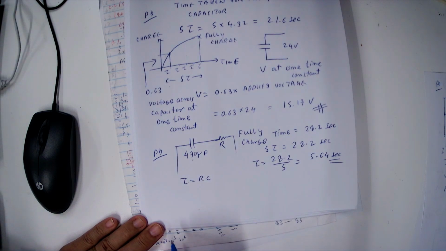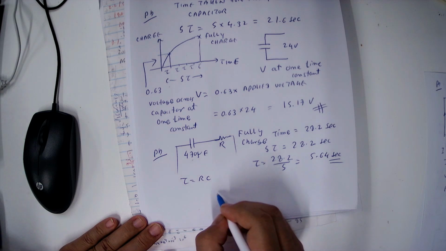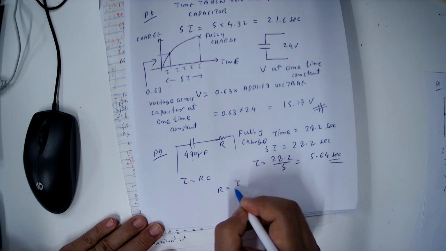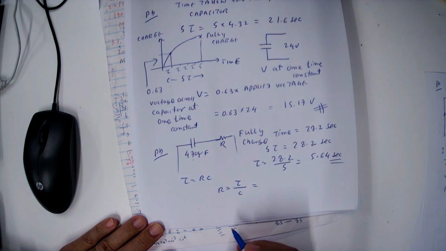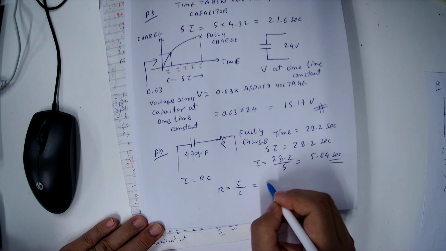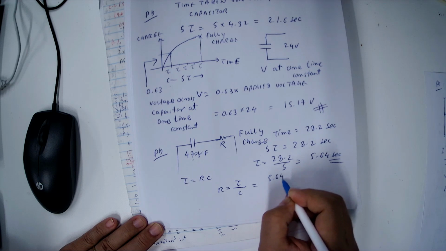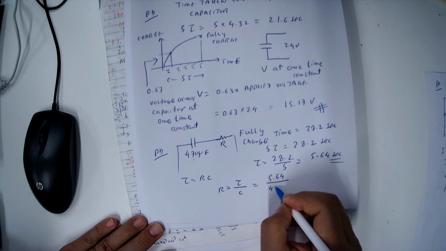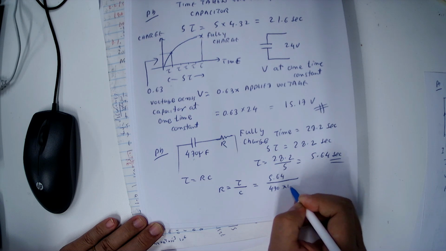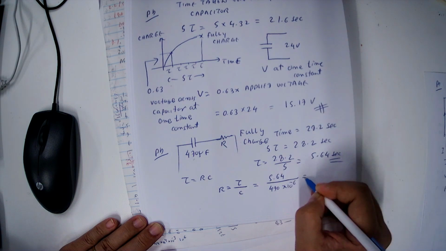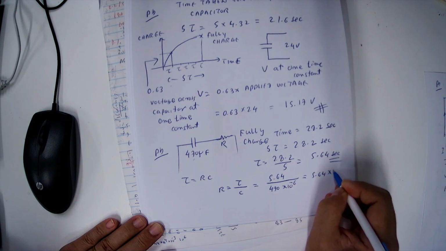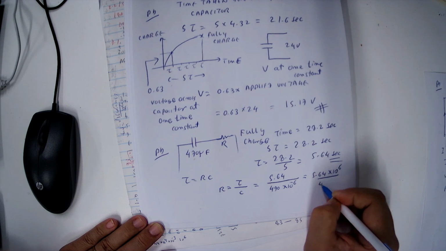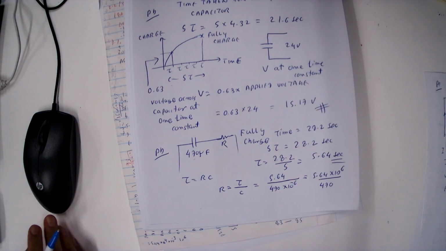Time constant is equal to resistance multiplied by capacitance. So the resistance value is time constant divided by capacitance: 5.64 divided by 470 microfarad. Microfarad is 10 power minus 6. So that will be 5.64 multiplied by 10 power 6 divided by 470. This is the way we calculate it.